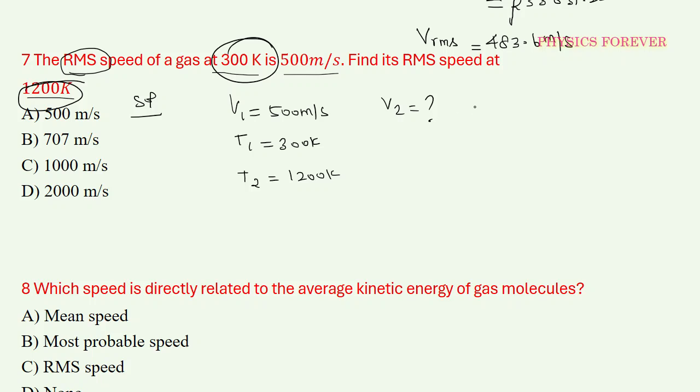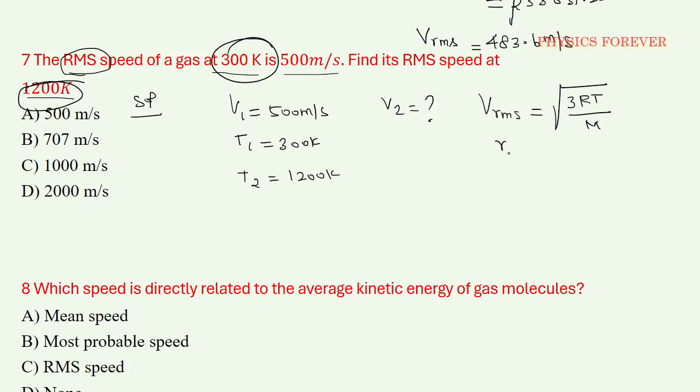Okay, what is the formula? Root mean square speed is equal to root of 3RT by molar mass.